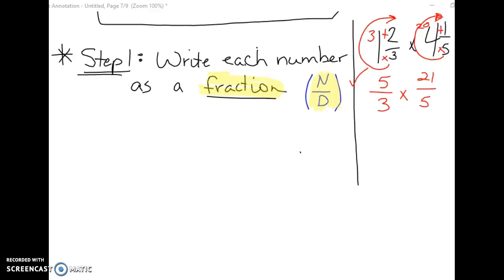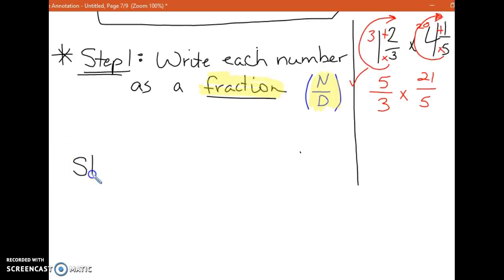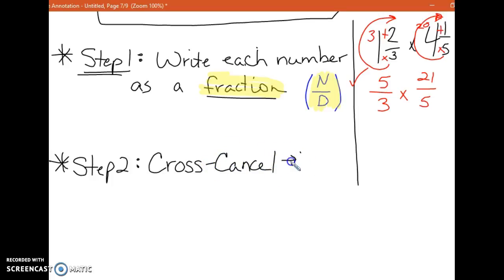Step 2 in this process is to cross cancel. Okay, so what is cross canceling?